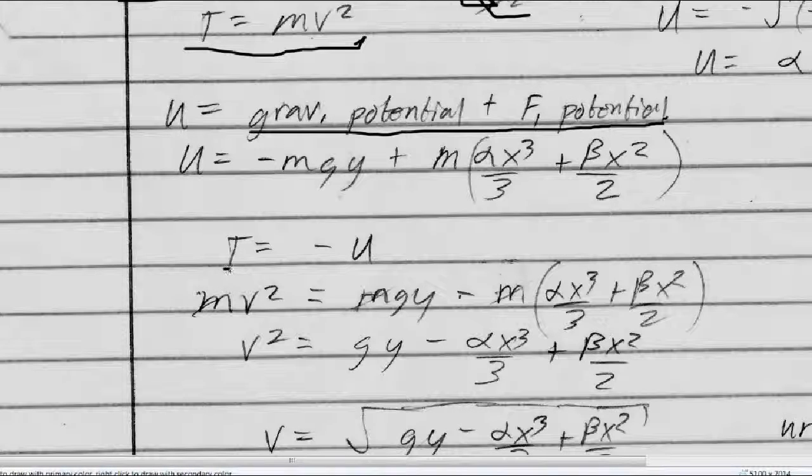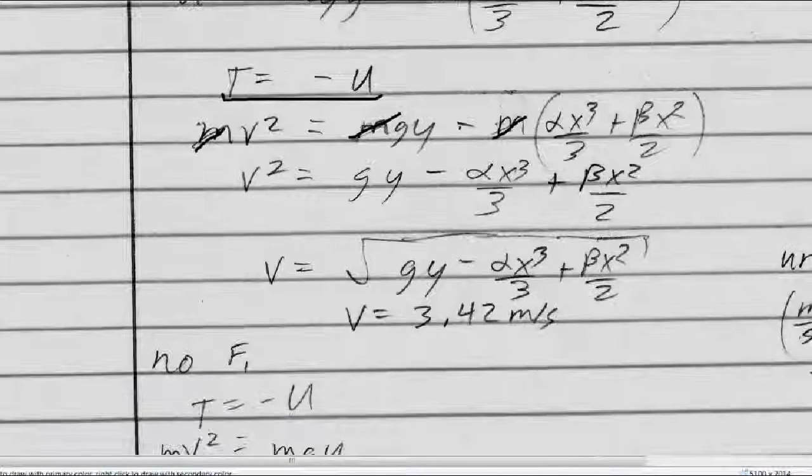So if we solve for the kinetic energy from the equation above, we can plug in the kinetic and potential energies, and the masses cancel, and we get this here.